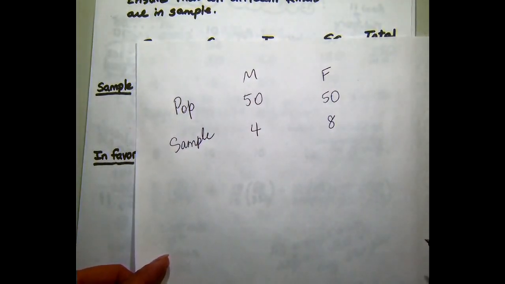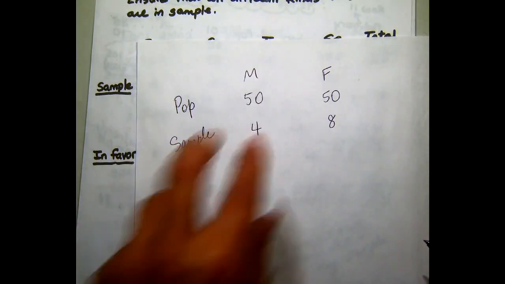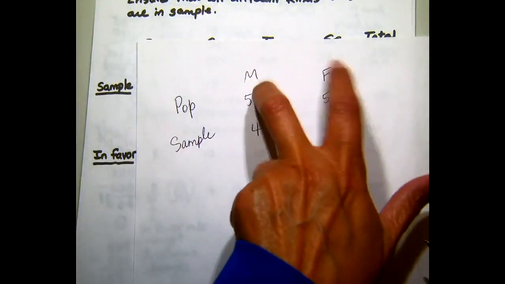Not in proportion with the original ratio from the population itself. Get it? Why would I do that? To account for extra variability in one group, you take a larger percentage from that group.